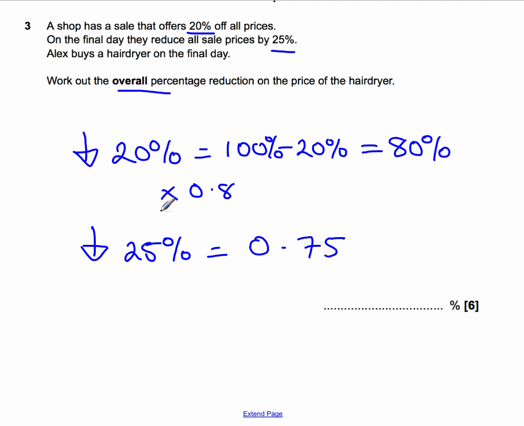So what we're saying is, first of all, we went for a 20% reduction with 0.8, and then we're going to times it by the following reduction, which is 25%, where the multiplier is 0.75, and then multiply the two figures together. So that is 40%.